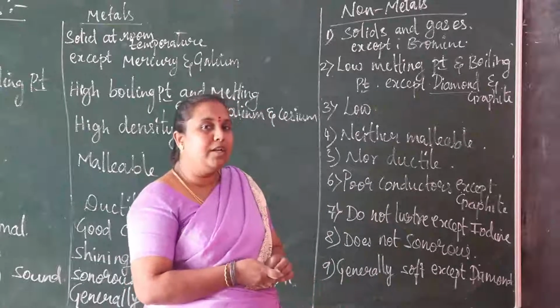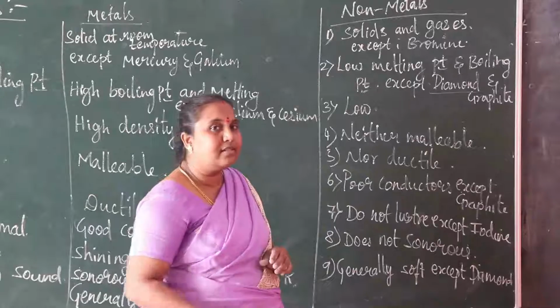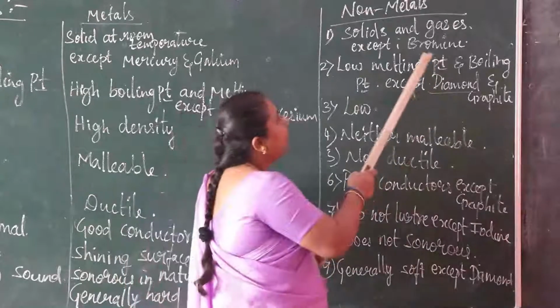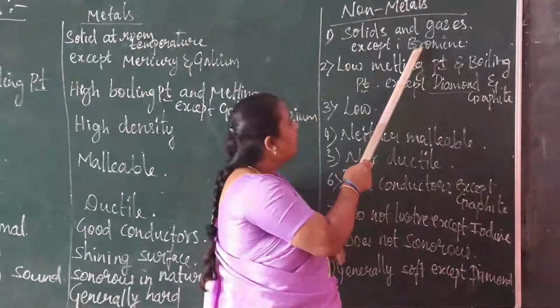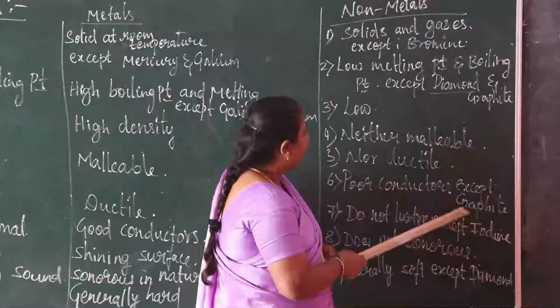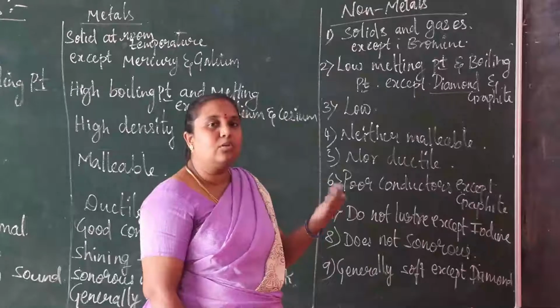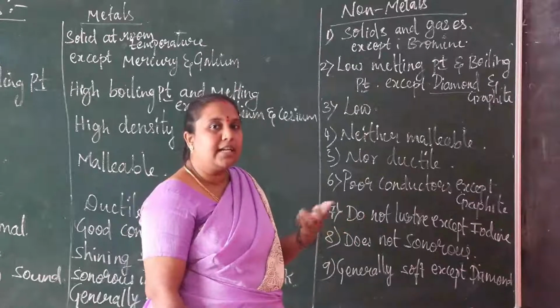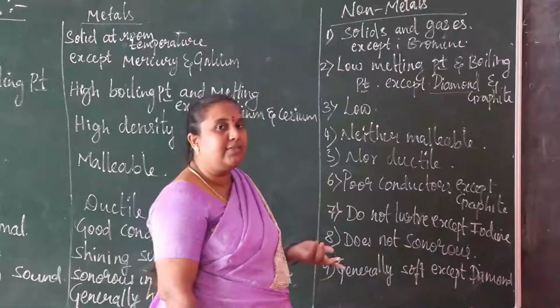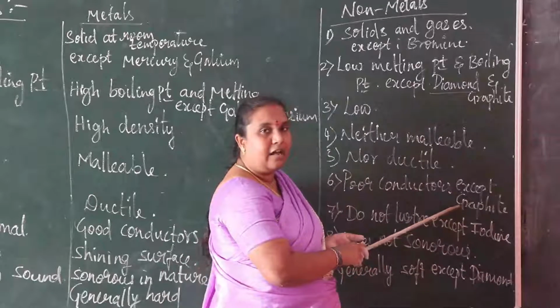See, here we have several one mark questions. The liquid non-metal is bromine. The good conductor of electricity and heat among non-metals is graphite.